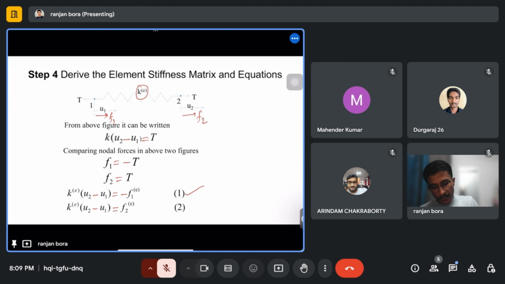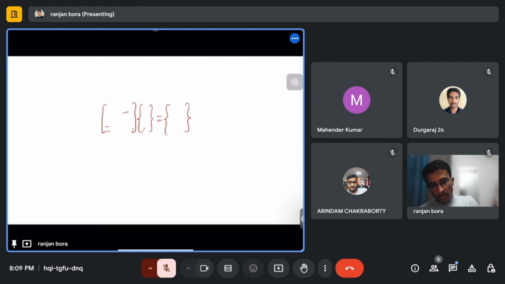You can see k is common, k is the same for both the equations, and here it was minus u1 plus u2, and in the second equation it was minus u1 plus u2, and on the right side we have one minus. So if we bring the minus to the left side, it will become plus u1 minus u2. Here plus u1 minus u2, and in the second equation minus u1 plus u2. Forces are F1 and F2.